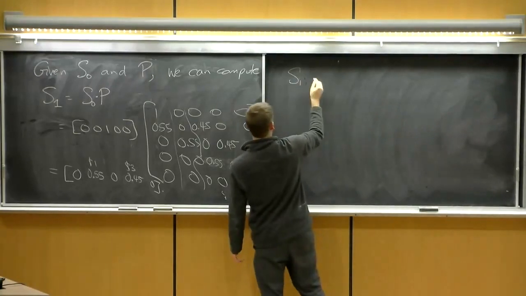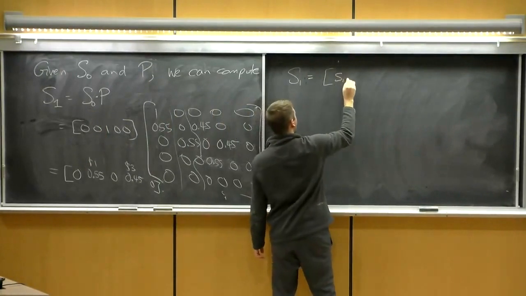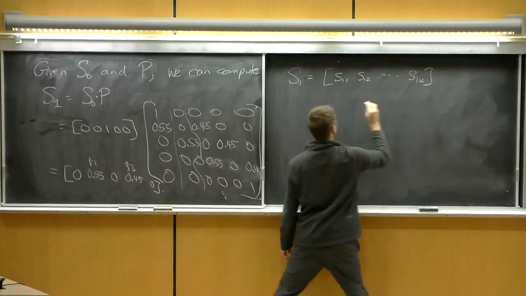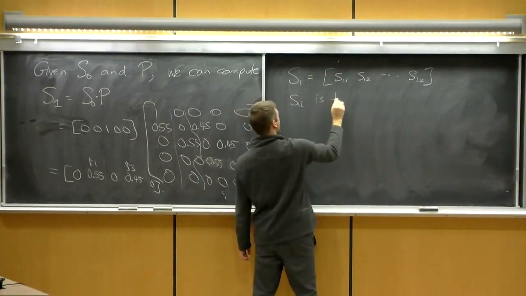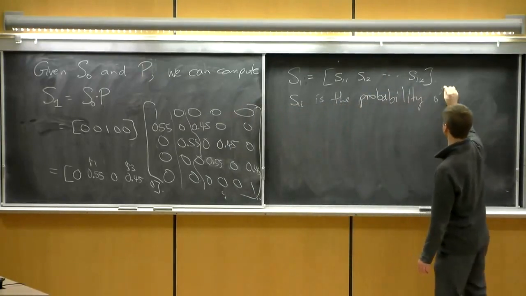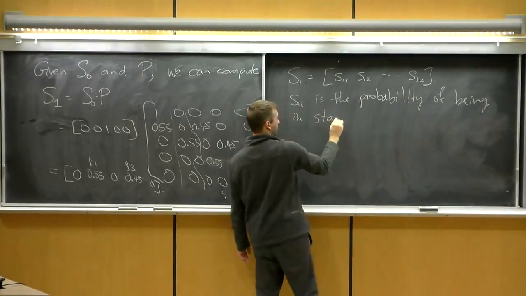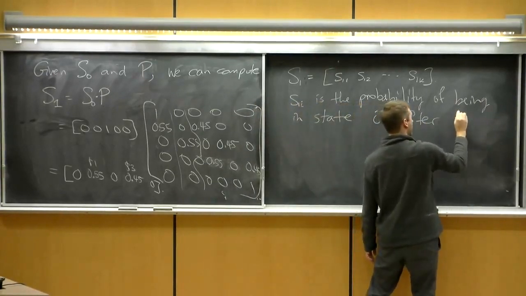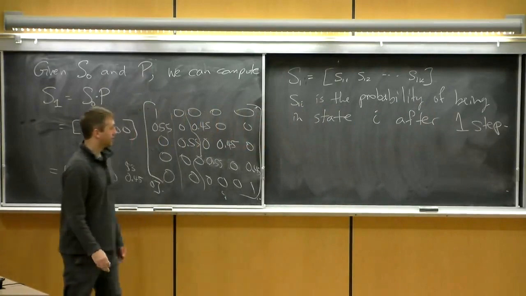So S1 is this, right? If I write its entries as S11, S12, up to S1k, any S1i is the probability of being in state i, or the ith state, after one step. Okay.